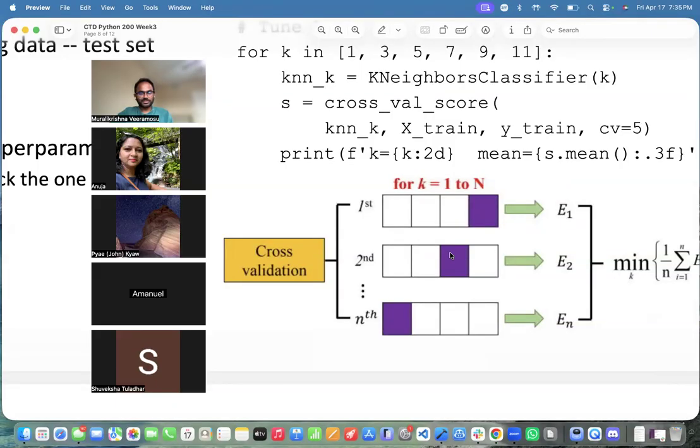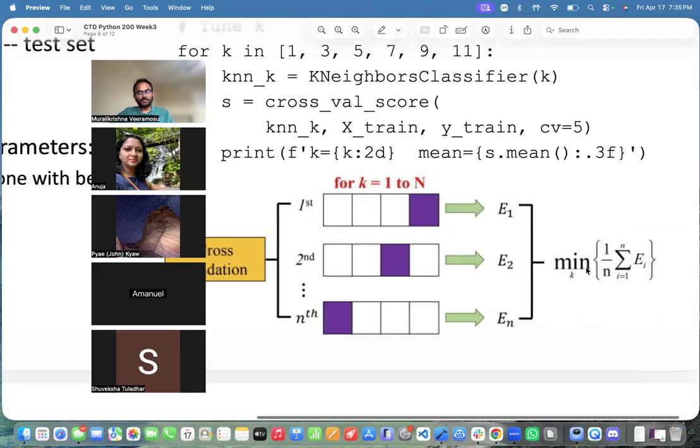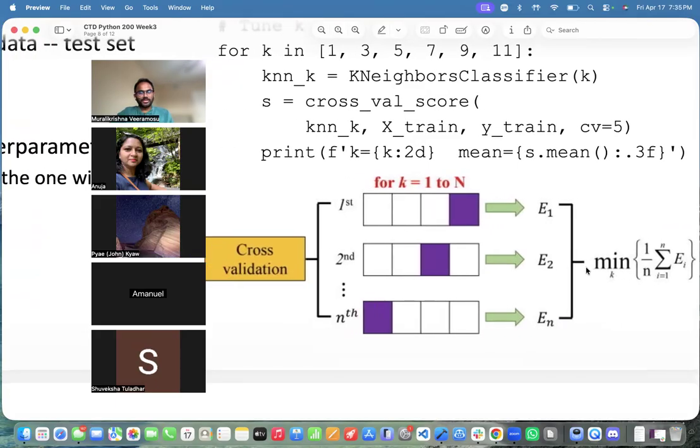For the second iteration, you test on the third set and train on the remaining sets. At the end, you take the average of the scores, and you keep the average for k equals 1.